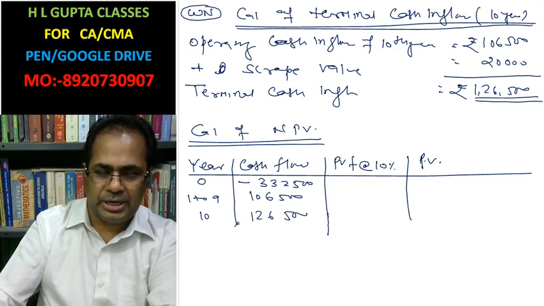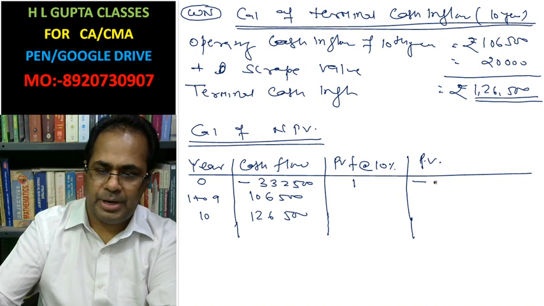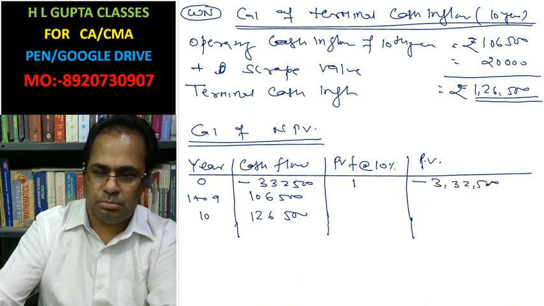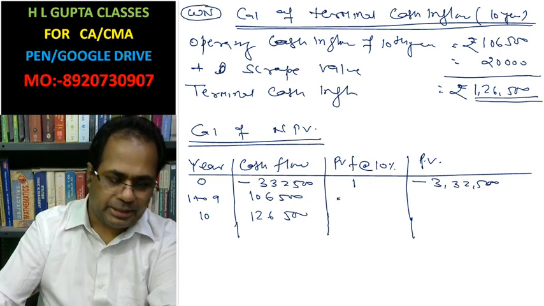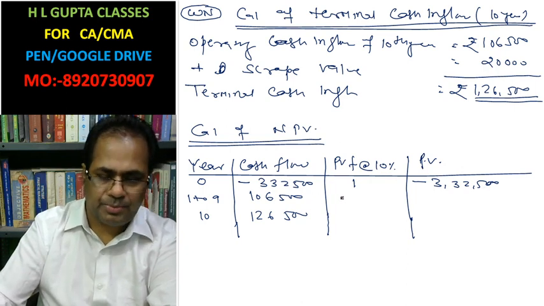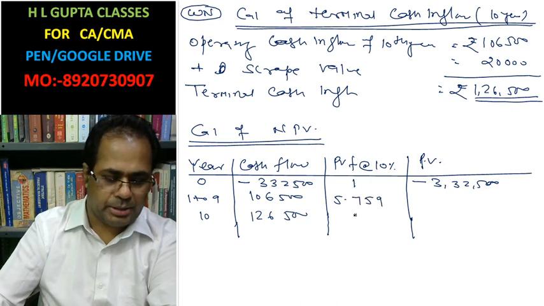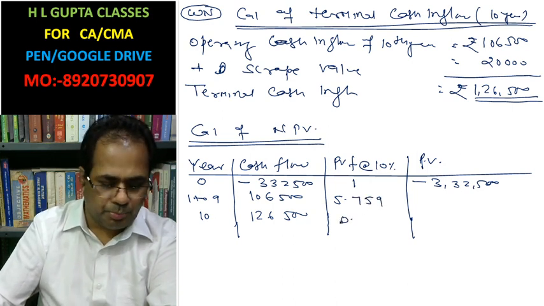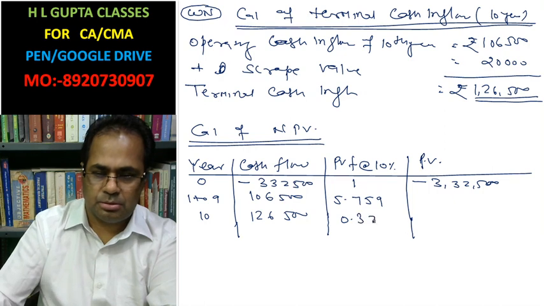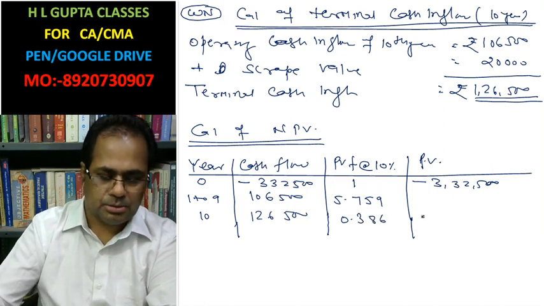Now we can write the present value factor here. This is 1 for the outflow of minus 3,32,500. Then 5.759 and 0.386.